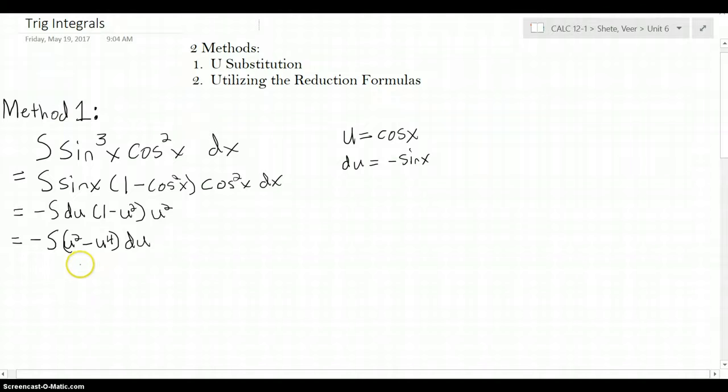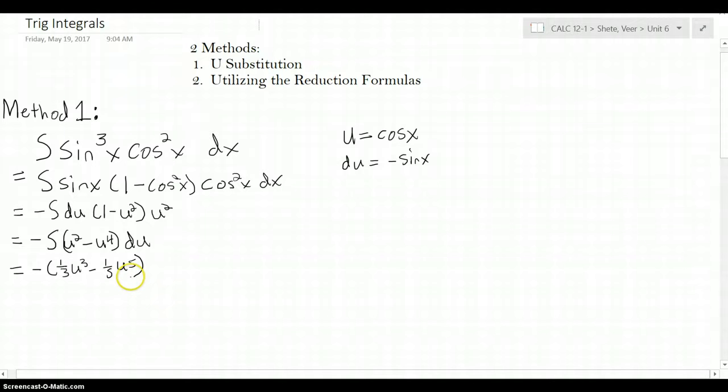So now simply all we do is we take the integral for u squared minus u to the 4. So in this case, it'll be negative times the integral, so negative of the integral of u squared minus u to the 4, which is, in this case, 1/3 u to the 3, which is the antiderivative of u squared, minus the antiderivative of u to the 4, which is 1/5 u to the 5.